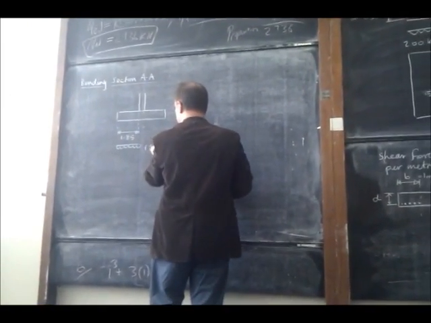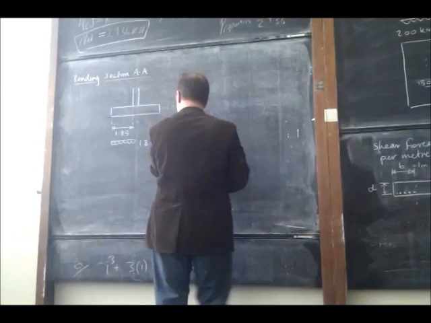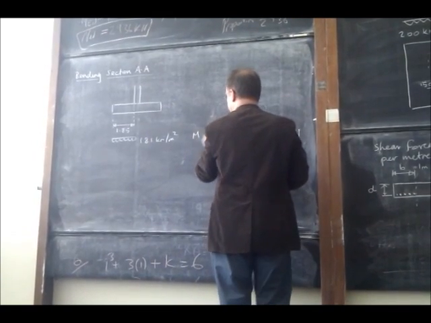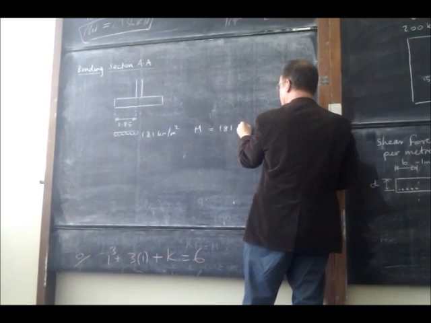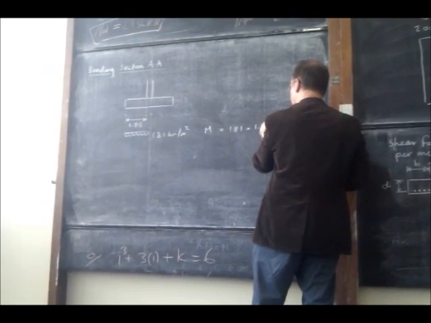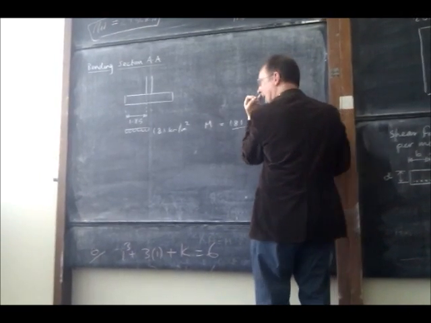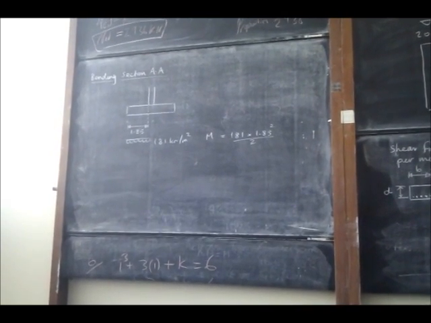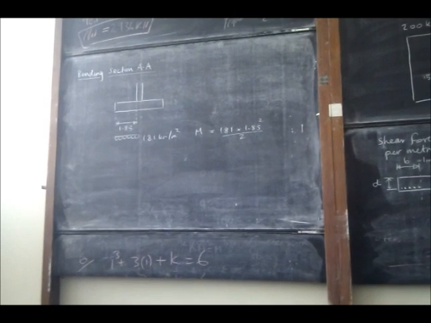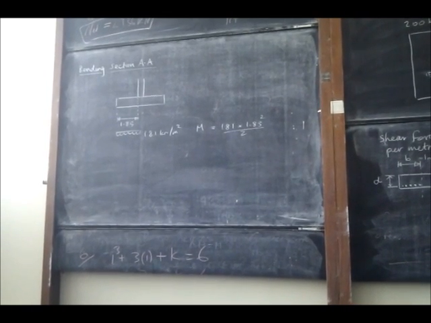Again, 181 kilonewtons per square metre, so M equals 181 times 1.85 squared over 2. It's just a cantilever. So that's taking a metre width.